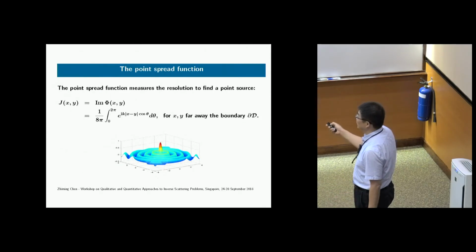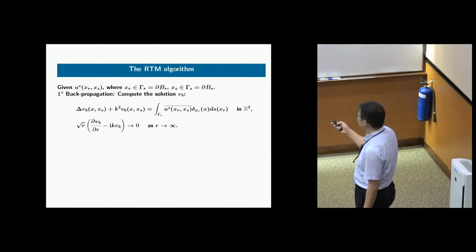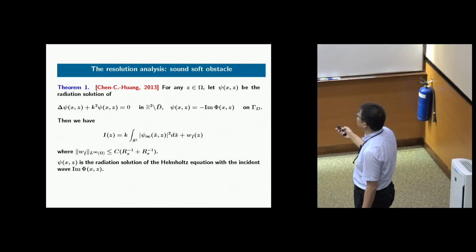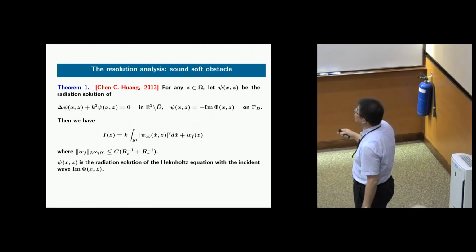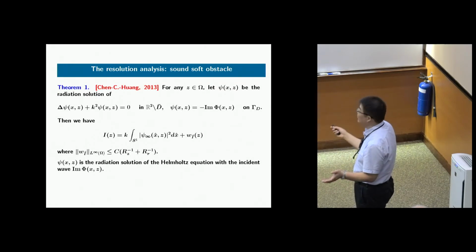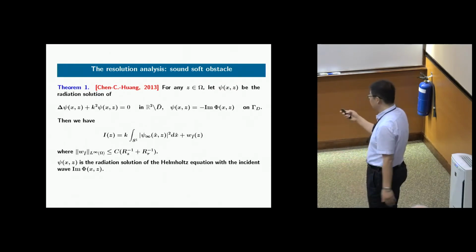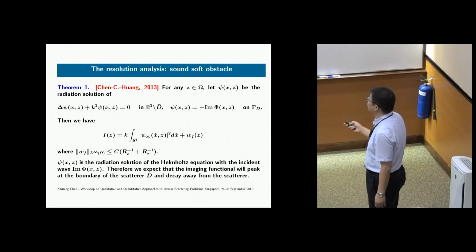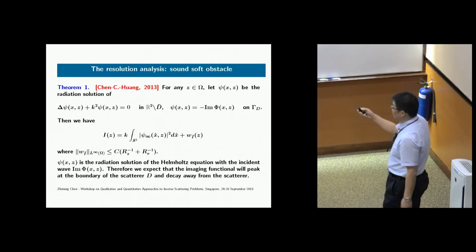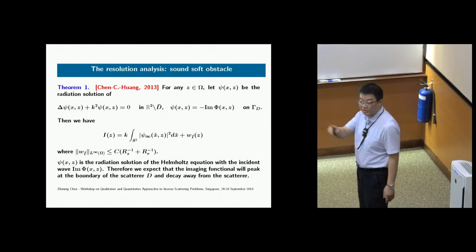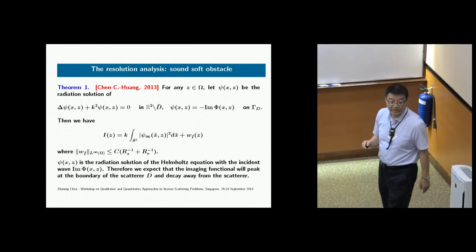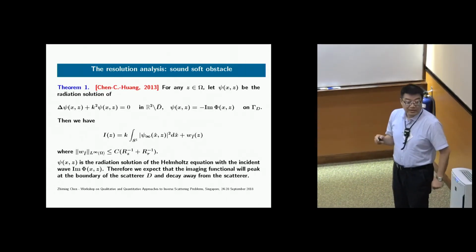So you have a big input, then a bigger scattered field and far field pattern, and then this imaging function will be big. That means this imaging function will peak on the boundary of the scatterer. This is what this theorem tells us.